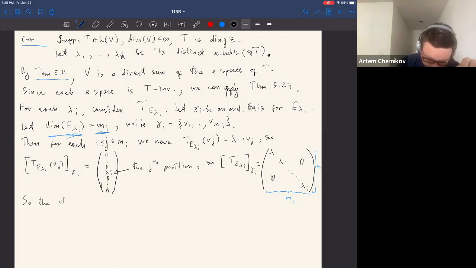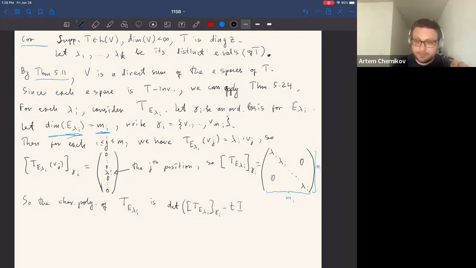So the characteristic polynomial of T restricted to E lambda I is by definition the determinant of this matrix. So [T restricted to E lambda I] with respect to gamma I minus the variable T times the mi by mi identity matrix, right?